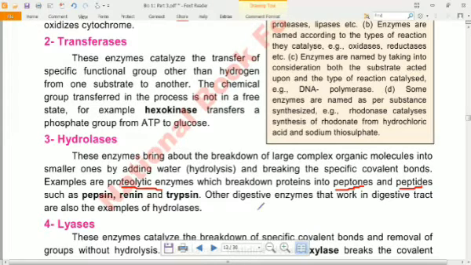We have lots of enzymes like pepsin, renin, and trypsin, which perform the breakdown of proteins by hydrolysis.